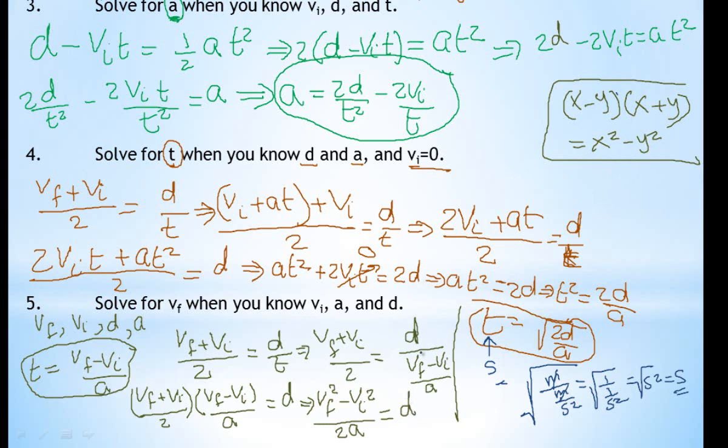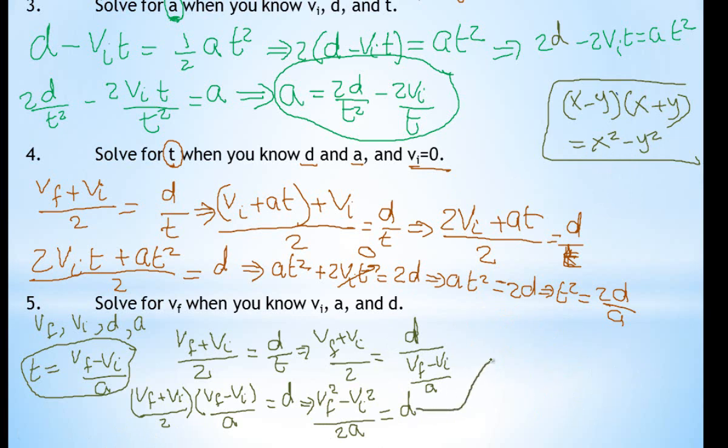Let me erase this part on the right hand side so that we can complete the equation. Alright, so I'm completing. Now remember, we need to find v final, so we'll multiply by 2a on both sides of the equation, so that will leave us with v final squared minus v initial squared equal to 2da, or 2ad. And then we solve for v final squared, so v final squared equals v initial squared plus 2ad.